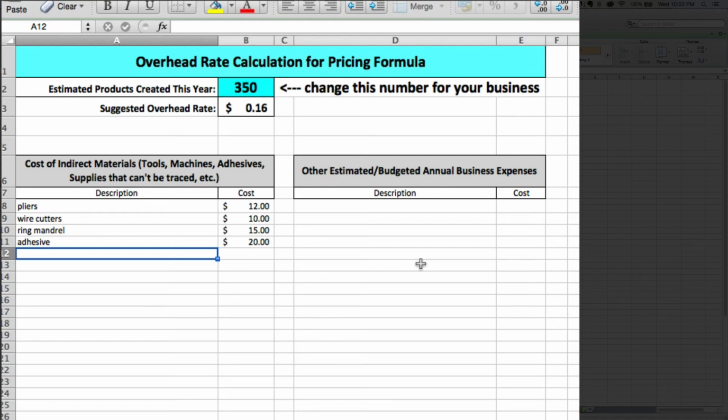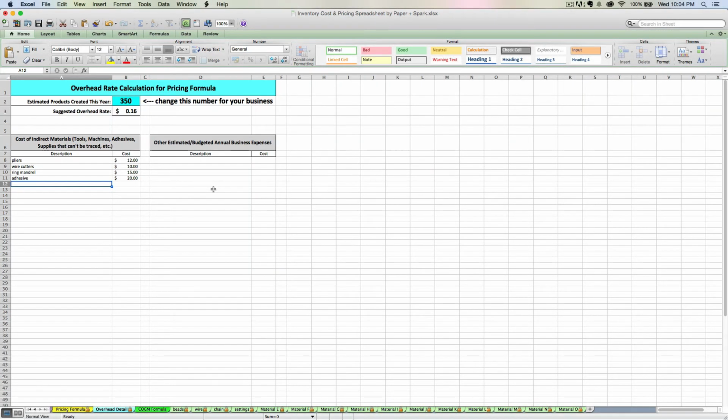Your business has all these expenses, and I think that your overhead rate should take these into account because you pay these expenses. If you don't account for them in the price of your goods, then you cannot cover them.